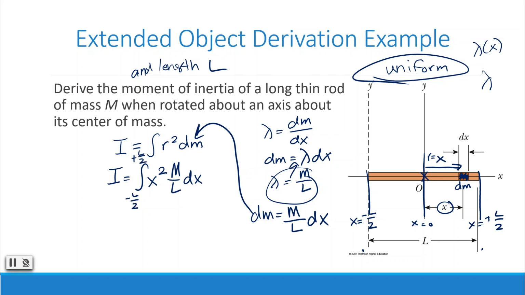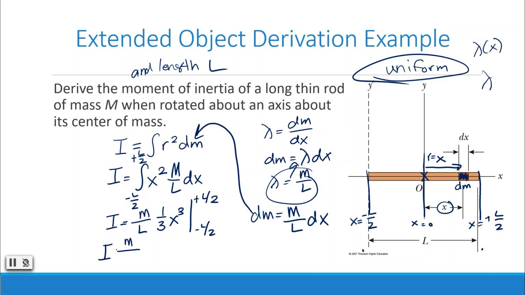So I is going to be, I'm going to pull the m over L out in front because it's constant. And then the integral of x squared dx is going to be 1/3 x cubed, evaluated from negative L over 2 to positive L over 2. So you need to sub in your limits.